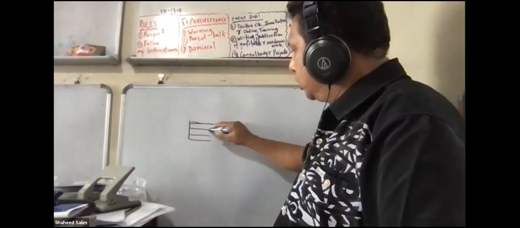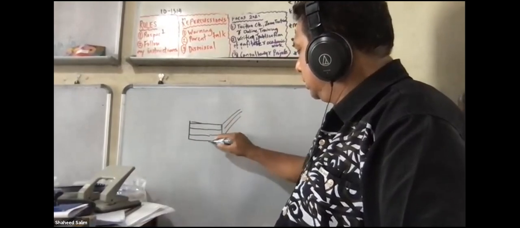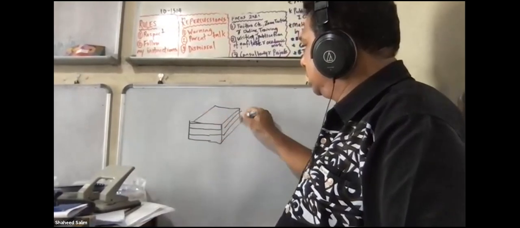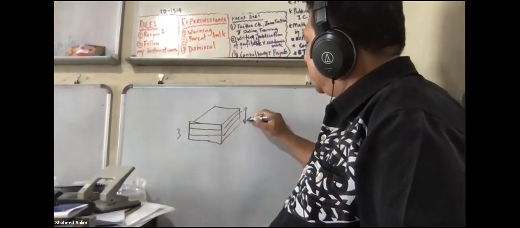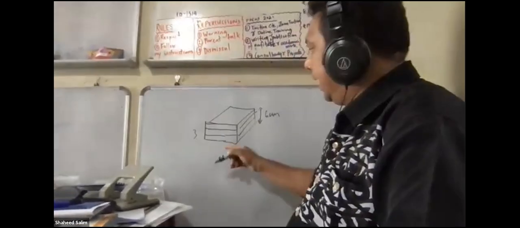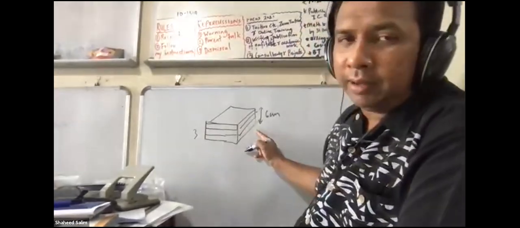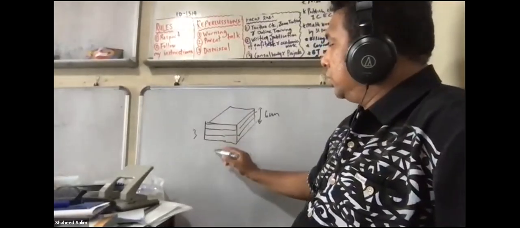Let's say this is 3 books, and the height is 6 cm. You know that if I add more books, the height will be higher, right? So this is direct proportion, basically. You can find the thickness of one book, 6 divided by 3, you get 2. 2 is k, the constant.